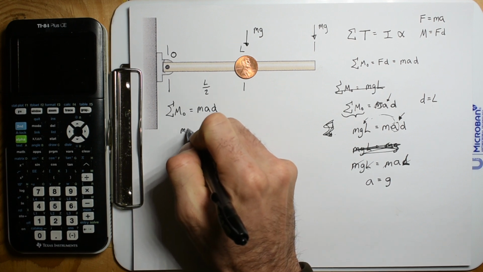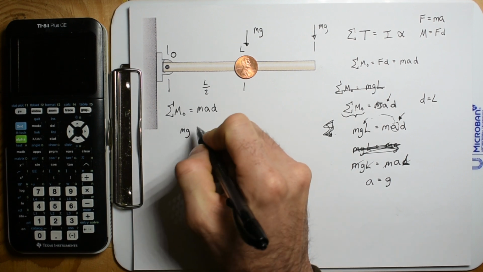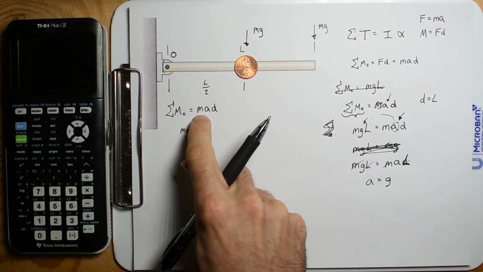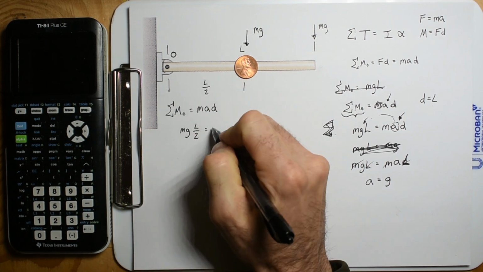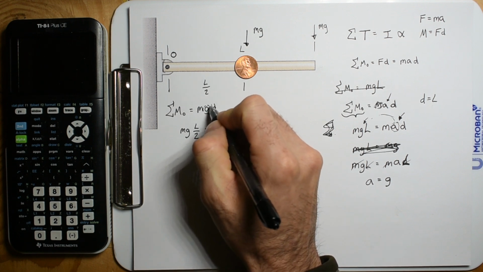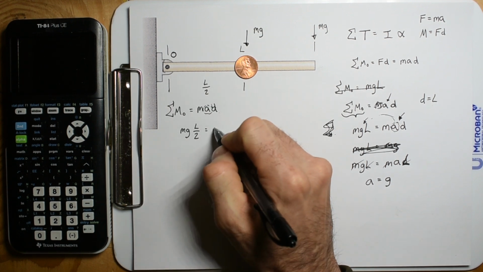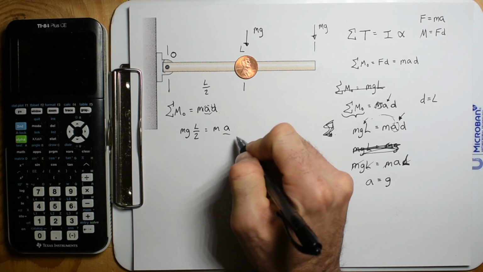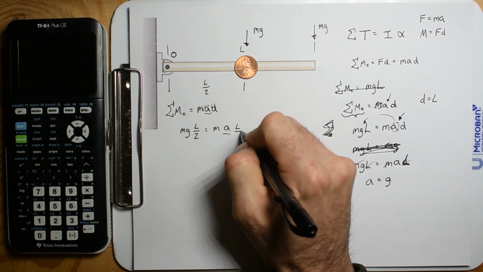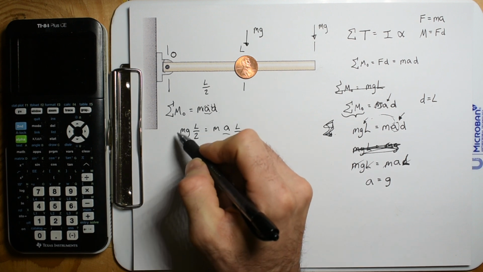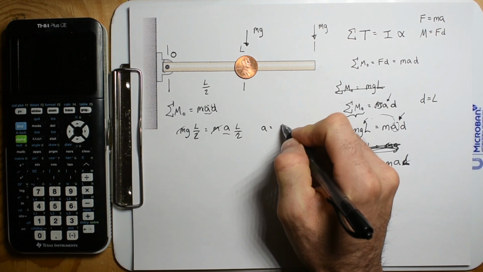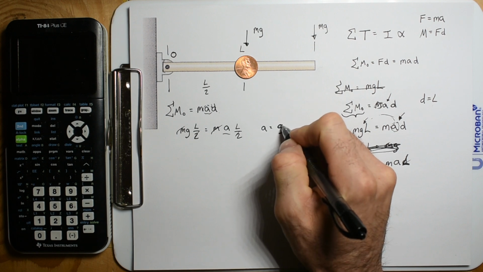So we have the force mg times a distance of L divided by 2, and that's going to equal the mass m, times the acceleration that we want to find, times the distance away, which is L divided by 2. You can see that same scenario right here. Our acceleration for this scenario is g.